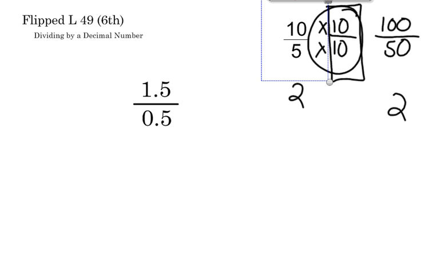As you look at this problem, the fact is when we divide decimals by decimals, we talk about the divisor. I'll draw a box here, rewrite the problem. We're going to talk about the fact that this is 0.5, which is the divisor, which is going into the dividend of 1.5.